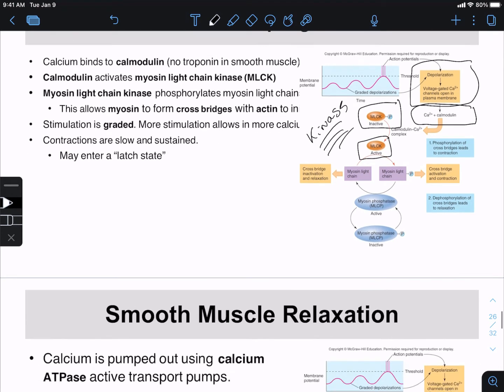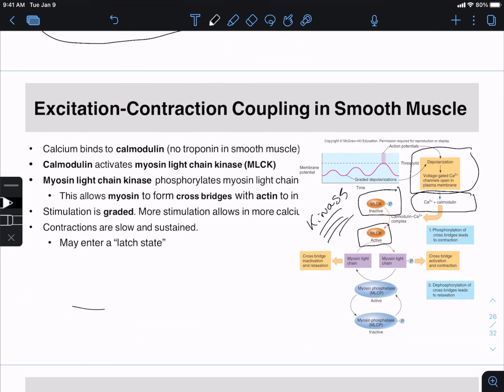So what is myosin light chain? Well, if we look at the myosin in smooth muscle, it's different from the myosin in skeletal muscle in some ways. It's a different, what we call an isozyme. It's still myosin, but its properties are slightly modified. Its protein structure is slightly modified.